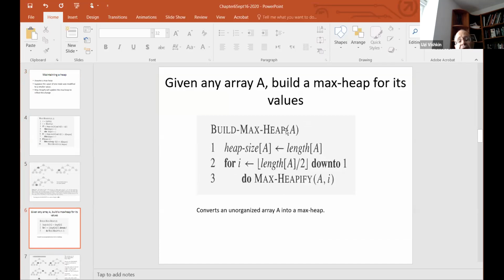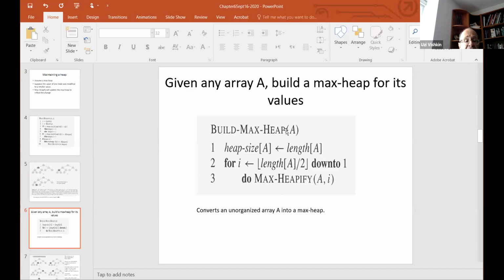So now we are going to approach the question of how to start making use of it and how to actually build a max heap from an array of values.